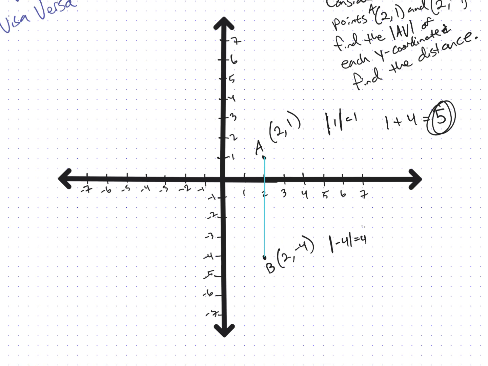So I have noticed my X coordinates are the same. I have 2 and 2, so that means I just have to find the distance here. So my absolute value of 1 is 1, and my absolute value of -4 is 4. So my total distance, 1 plus 4, is equal to 5.